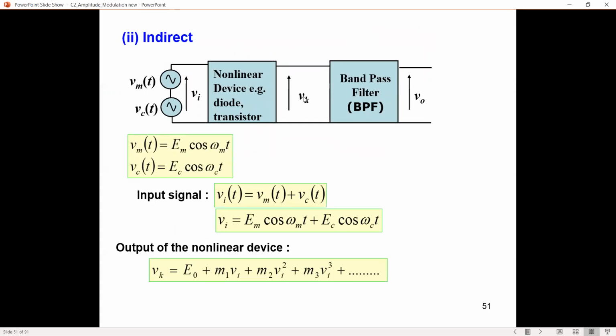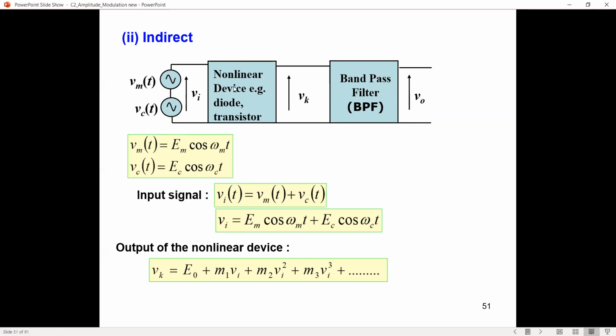Okay, so another method is using a nonlinear device. This device is like a diode or transistor. Both VMT and VCT will become input to our nonlinear device.